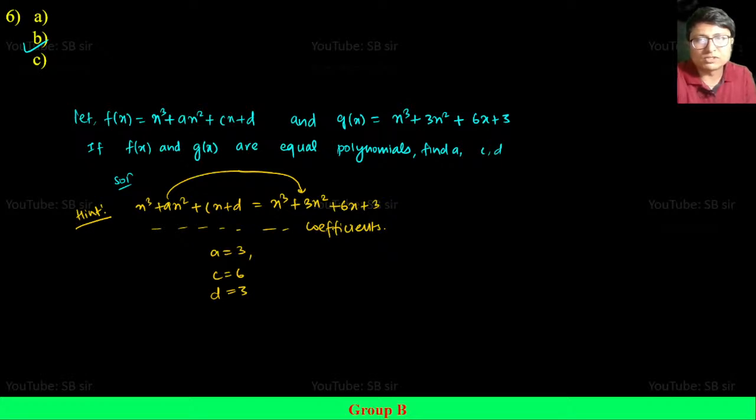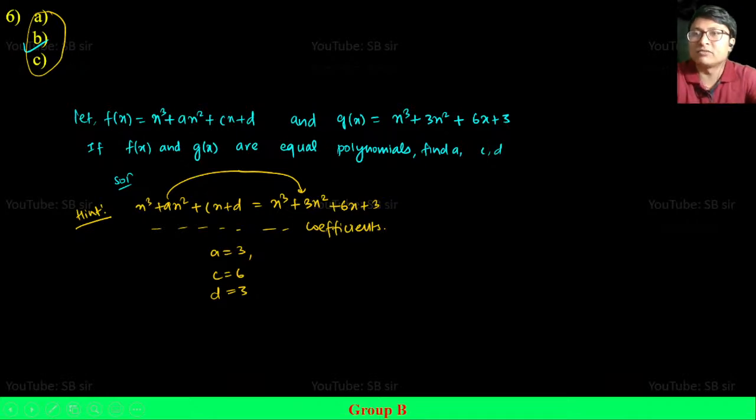Let's talk about question number 6c. In question number 6a, 6b, or 6c, as I told you earlier also, the questions might be from polynomial, the questions might be from function. It might be the question that is based on finding domain and range by giving a function, and either the set A or the set B, the set of domain or the set of range, will be given, and you will be asked to find either the range or the domain.